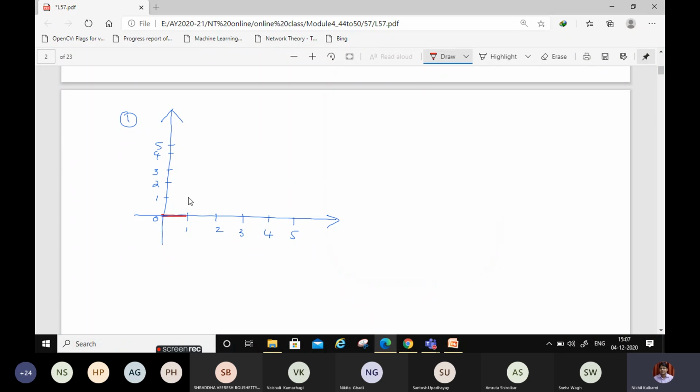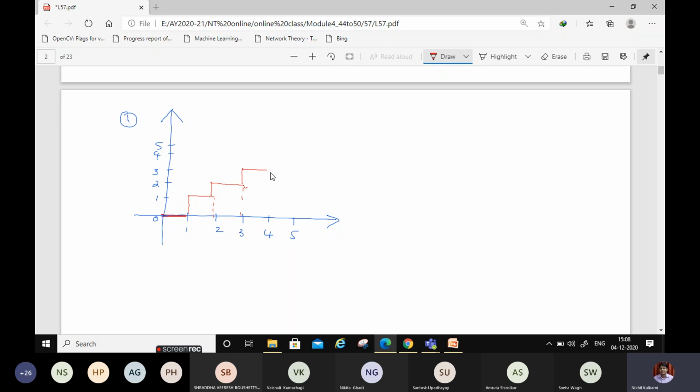This is 0, and we have the signal like this. Let me check it once again. For 1 it is 1, for 2 it is 2, and for 3 onwards it is 3 over here.